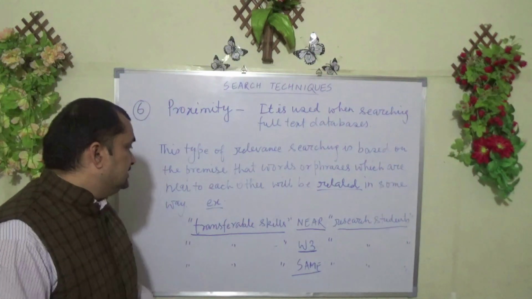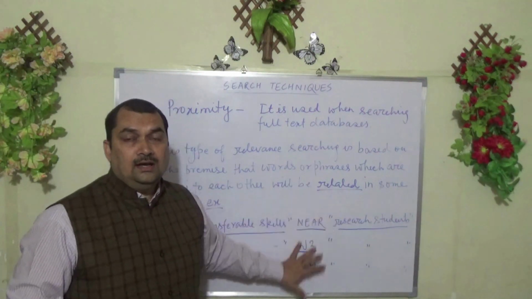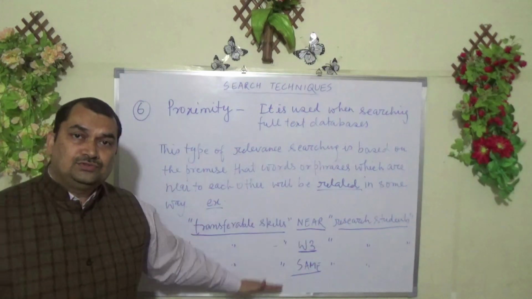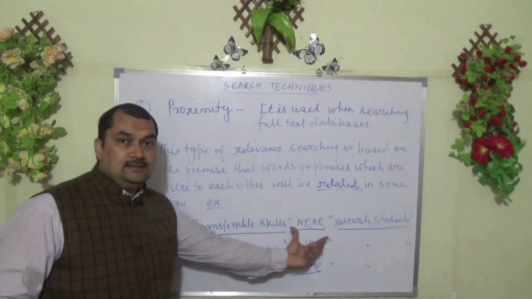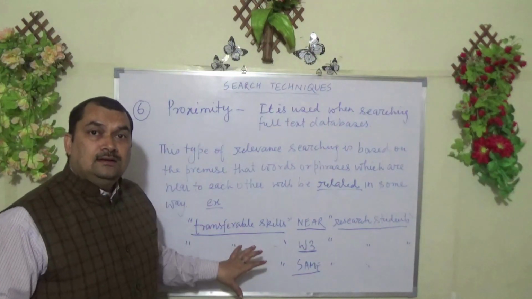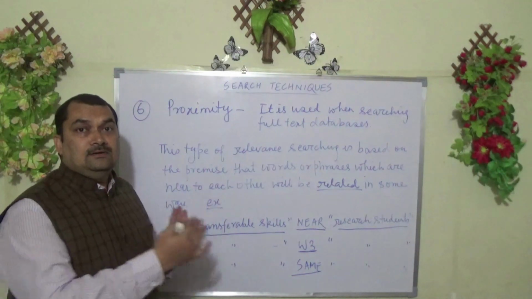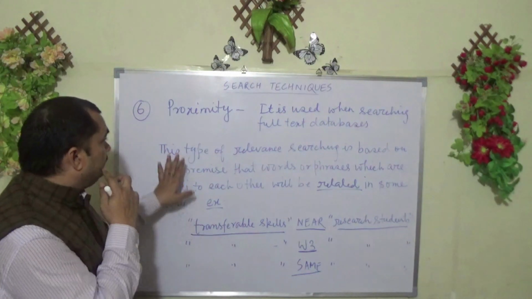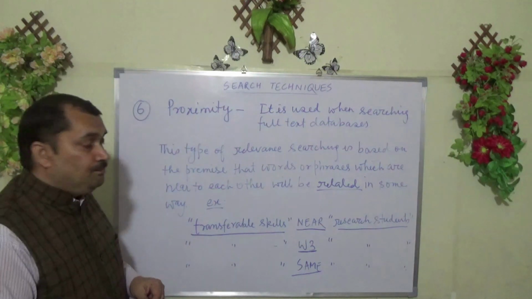As we have seen in the example, the transferable skills of research students, we have used near, W3, and same, and we found that the results are related to each other and also very close to each other. So in that way we use proximity, especially in the full text database.